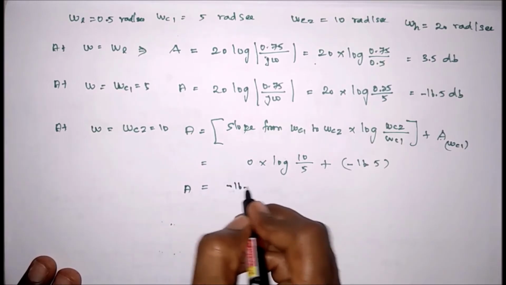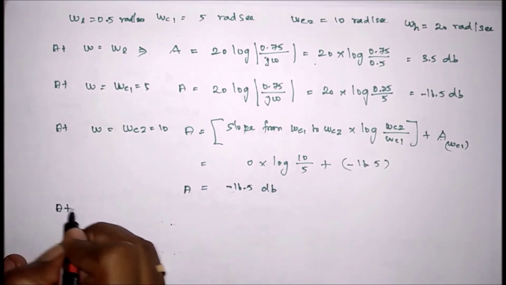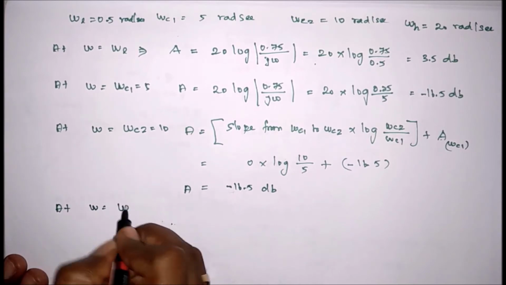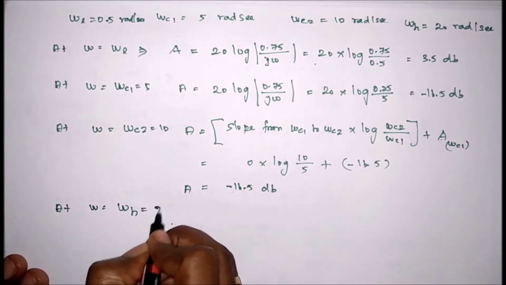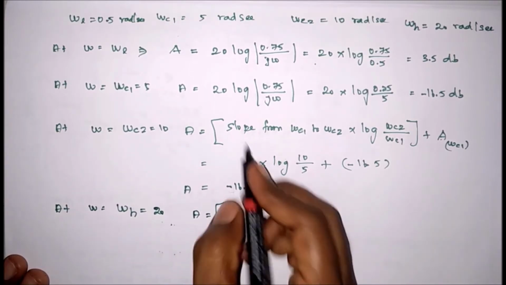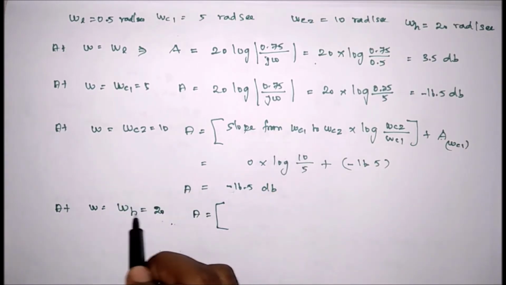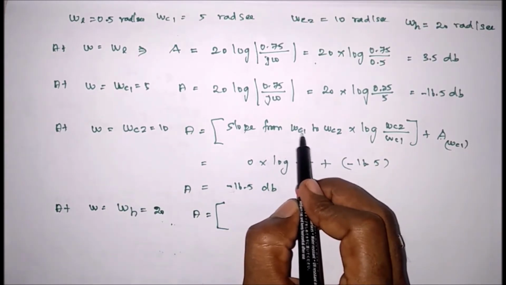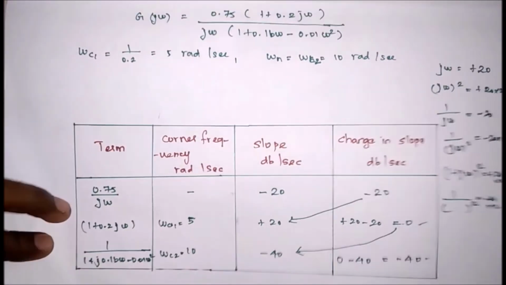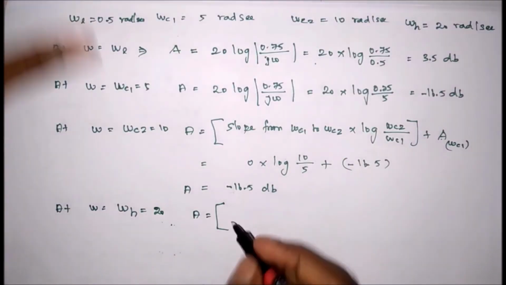Therefore at omega equal to omega C2, the gain A is the same, minus 16.5 decibel. Now once again we use the same formula at omega equal to omega h equal to 20. The slope from omega C2 to omega h, from omega C2 to the next corner frequency, is minus 40.